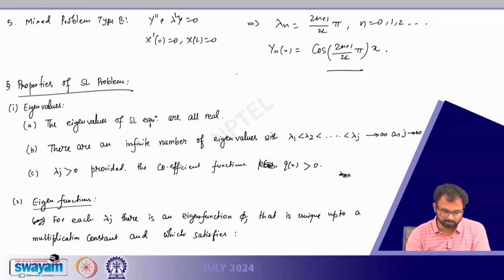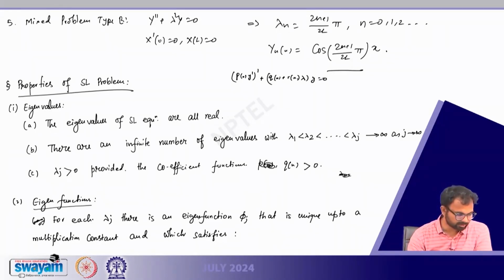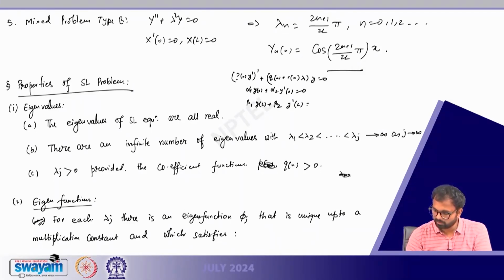So, q(x) is positive, and if I have minus of (p(x) y dash) dash plus q(x) plus r(x) into lambda into y, right, and then we have some boundary conditions, that is alpha 1 y(0) plus alpha 2 y dash (0) equals 0, and beta 1 y(L) plus beta 2 y dash (L) equals 0, right. So, this is our Sturm-Liouville equation.